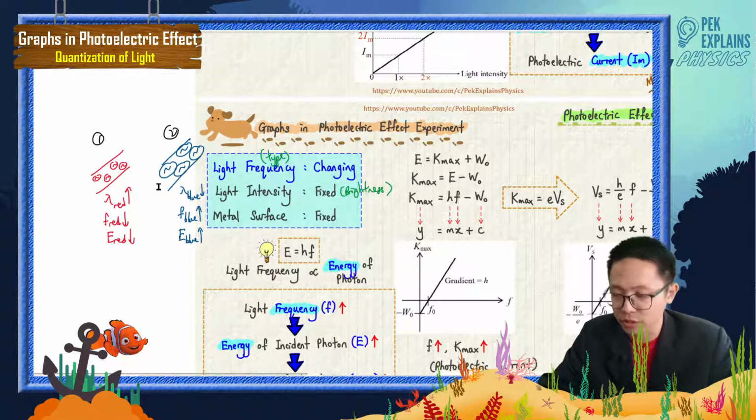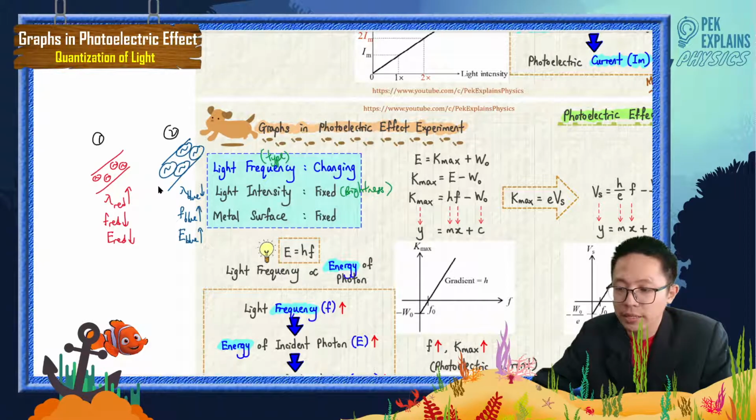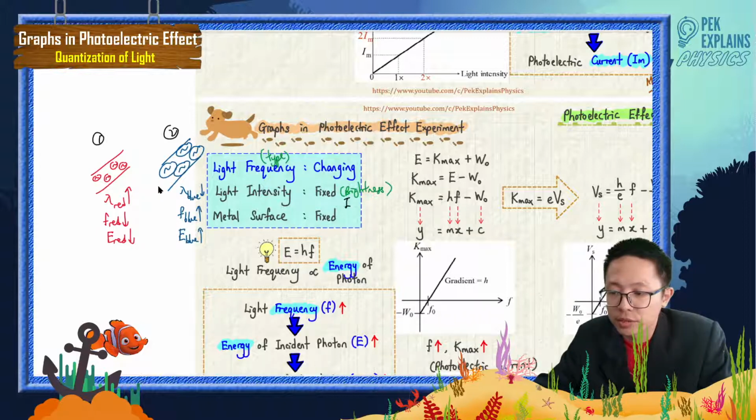So we can imagine the current will be constant. If the intensity is fixed, the number of electrons ejected will be constant. So the saturation current will be constant.